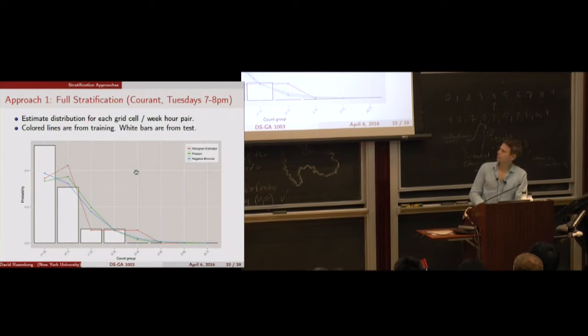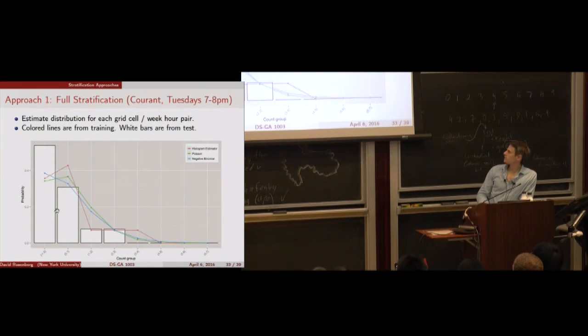OK. So what are we looking at here? On the x-axis are counts for the number of pickups from Courant on Tuesdays between 7 and 8 p.m. OK? So let's start with the white bar chart. This is from the test set.